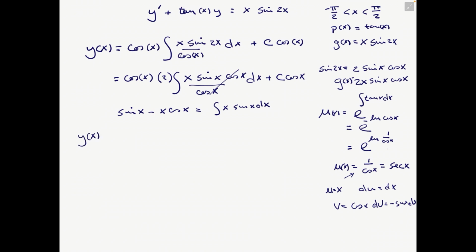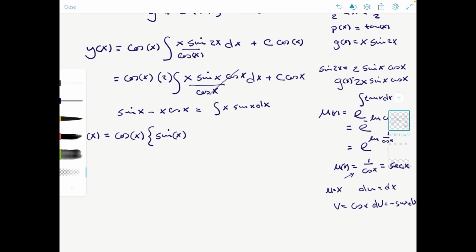So we put that in there, y of x equals cosine of x times sine of x. There's a 2 in there, so let's not forget that.